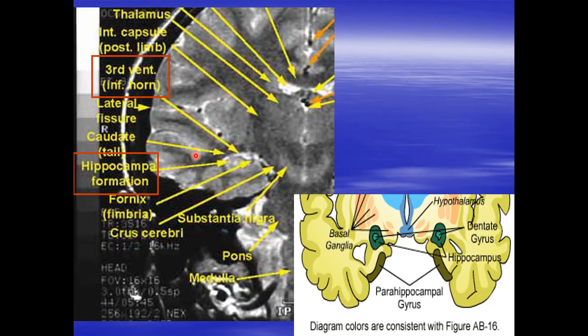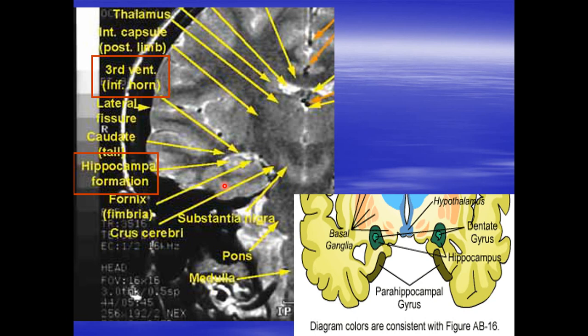Now let's look at the MRI image and see what we can see here. First, we start with the inferior or temporal horn of the lateral ventricle. Then we can see the hippocampal formation, this part at the floor of the inferior horn of the lateral ventricle. Most of the time we cannot discern each part, the dentate gyrus and the cornu ammonis, etc. So together we call them the hippocampal formation.